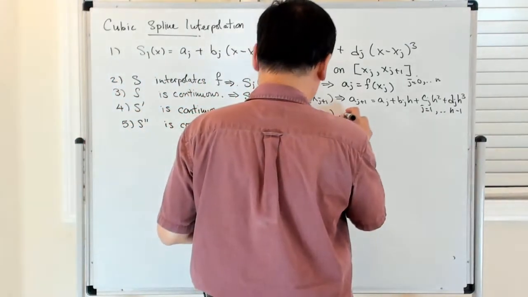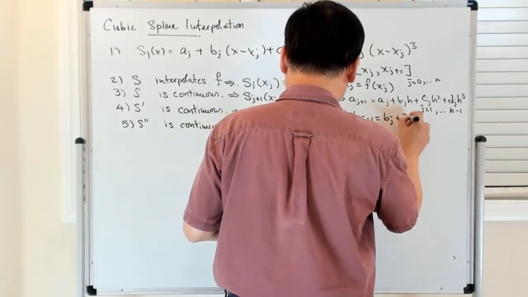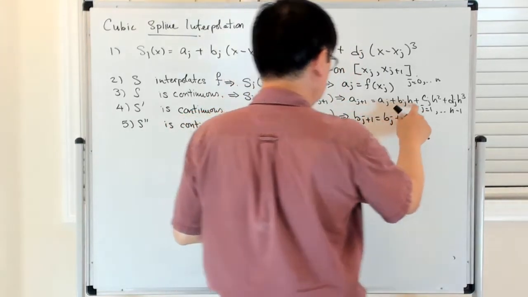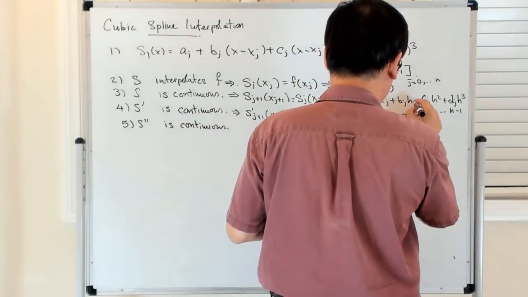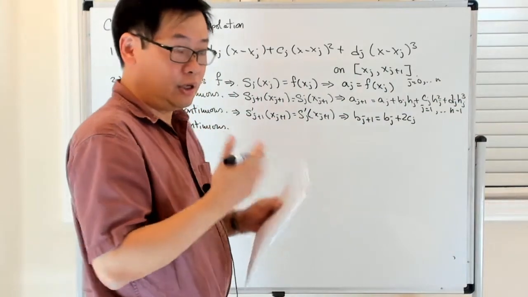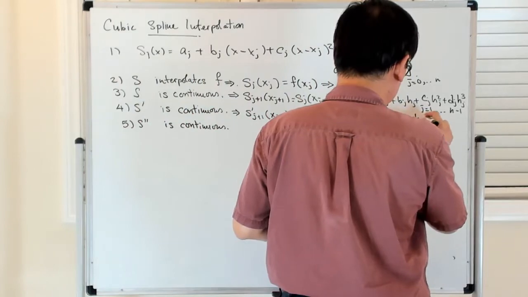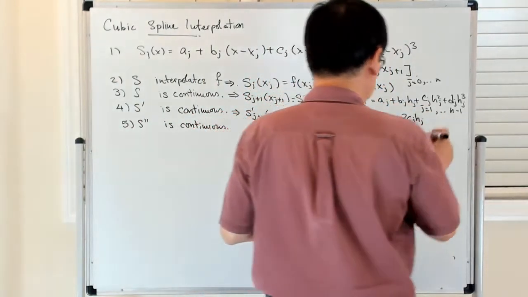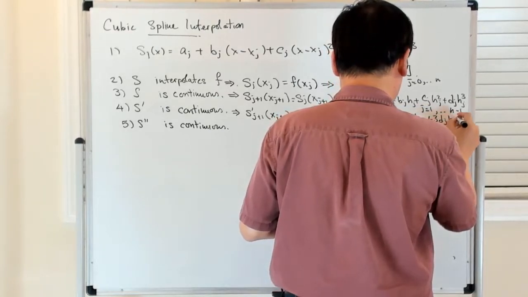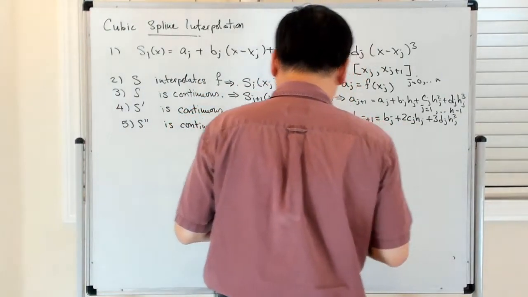So this implies that b_{j+1} is equal to b_j plus 2 c_j h_j plus 3 d_j h_j squared. I should be careful here, right? I'm not necessarily assuming that each of the intervals has equal length, so I have to have a subscript j as well. Again, j equals 1 to n minus 1.